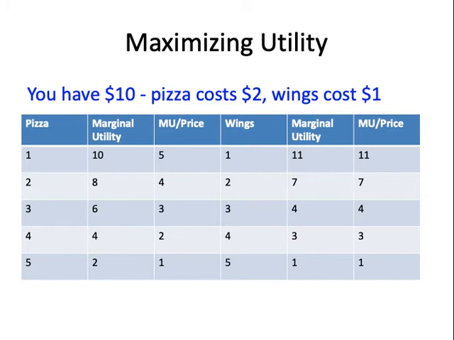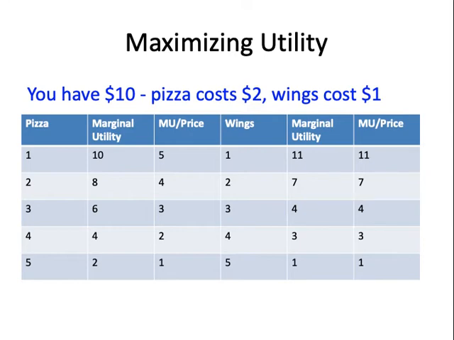When you go to the cafeteria, when you go to a shopping mall, when you go to a place to consume goods or services, you are doing this calculation in your head, maybe not in this precise way, but you are deciding, okay, do I want this or do I want that? This is going to cost me this, that is going to cost me that. You're doing these things in your head already. It's just that we're putting names, prices and units to what you're actually doing all the time.